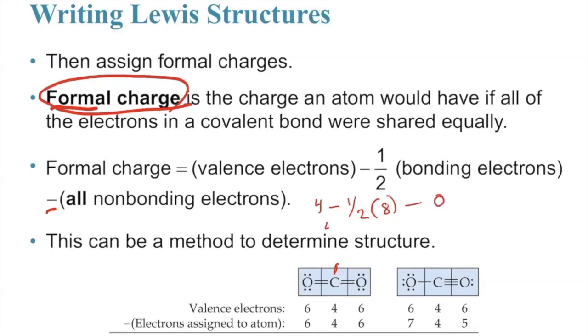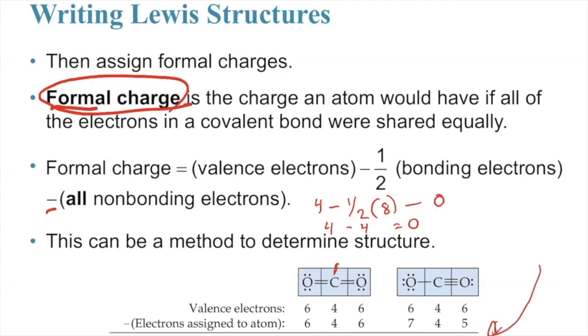So 4 minus 4 equals 0. And you do the same thing with this oxygen. Then also notice that you can do the same thing with this oxygen, which you end up with -1. So try to do it by yourself.